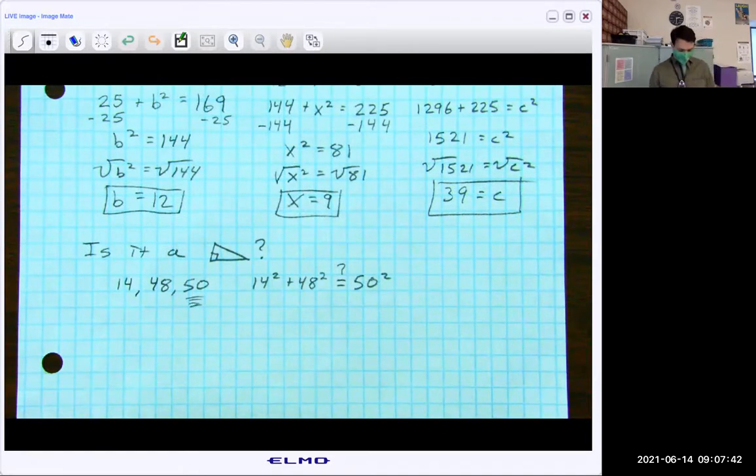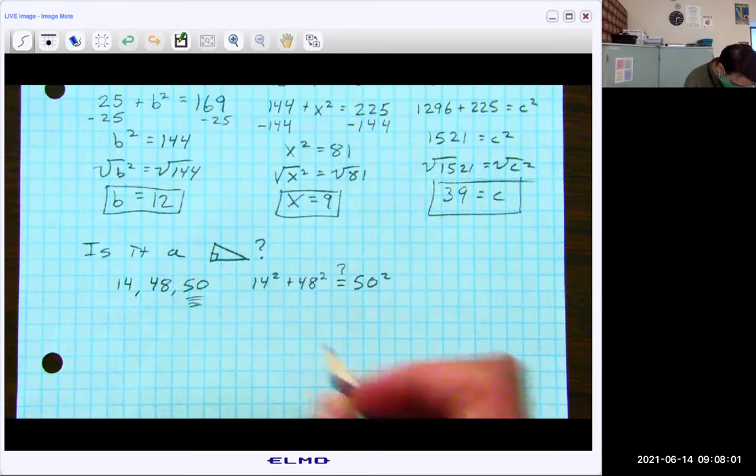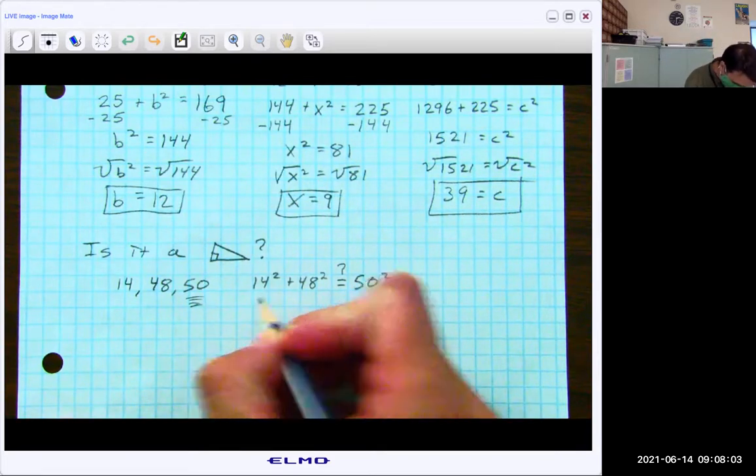So let's see. What I like to do in my calculator is I do all the squares first. I go 14 squared, 48 squared, 50 squared, and then I just add together the pieces that I need to add together. So we get, let me see, I'll do it over here.